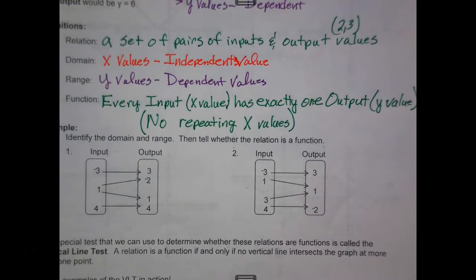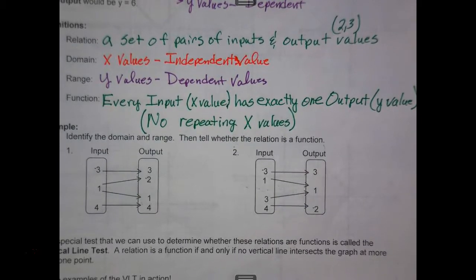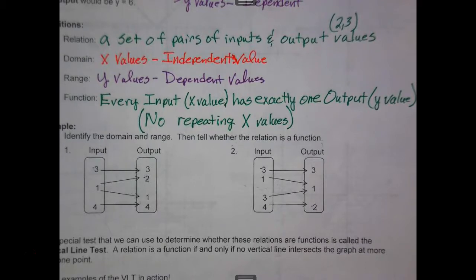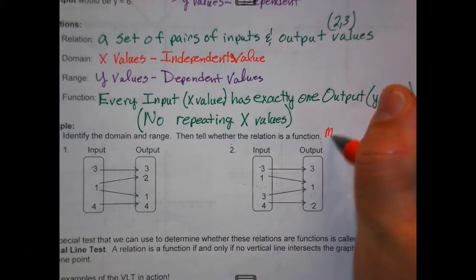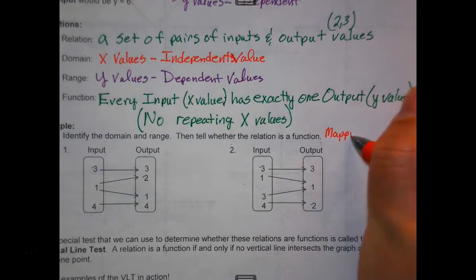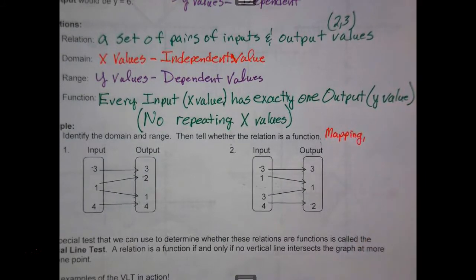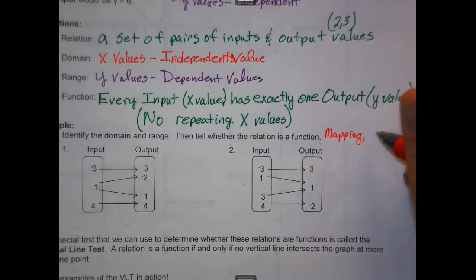By the way, there are 4 different ways that we show functions visually. One of them is right here. That's called mapping. What are the other ones? Graphing. Graphs. Very good.